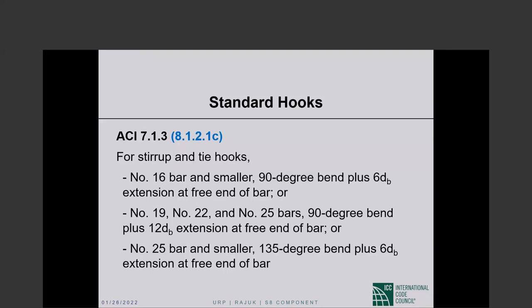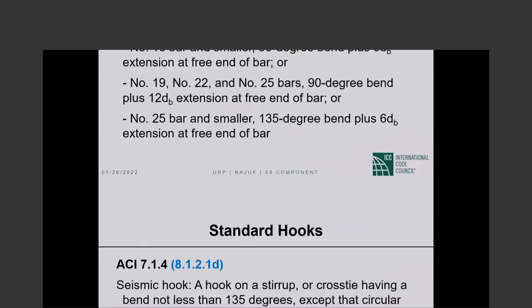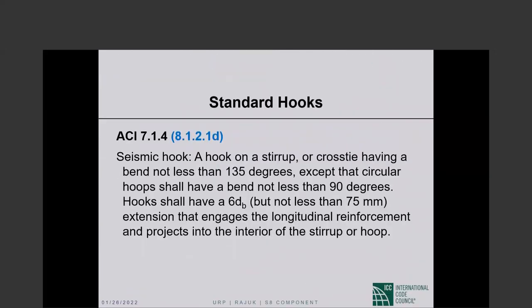For stirrups and ties, the standard hook is for number 16 and smaller bars, 90-degree bend plus 6-bar diameter extension. For number 19, 22, and 25 bars, 90-degree bend plus 12-bar diameter extension. Or for number 25 bar and smaller, 135-degree bend plus 6-bar diameter extension at free end of the bar. Okay? I think you have to read closely and see what is being said. Standard hook is a hook on a stirrup or cross tie.